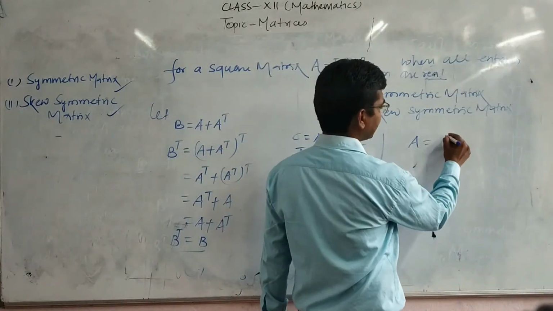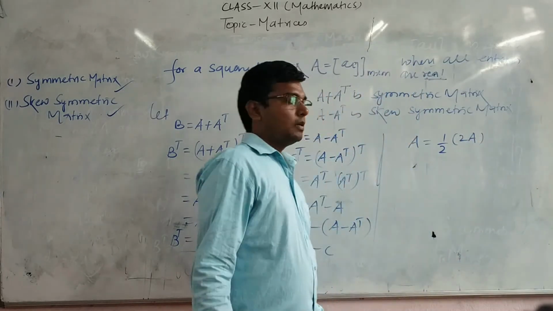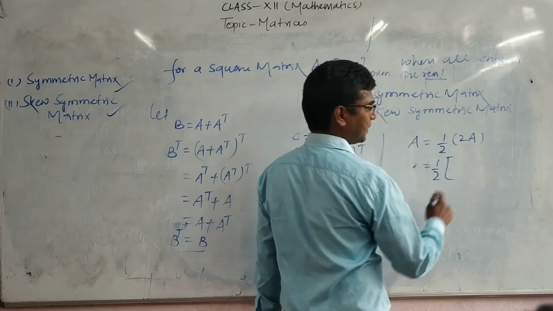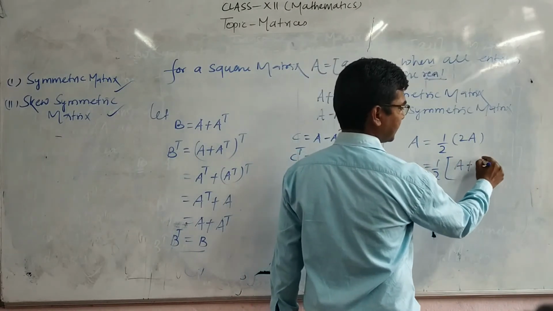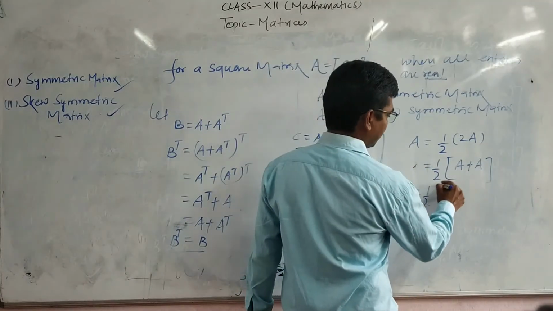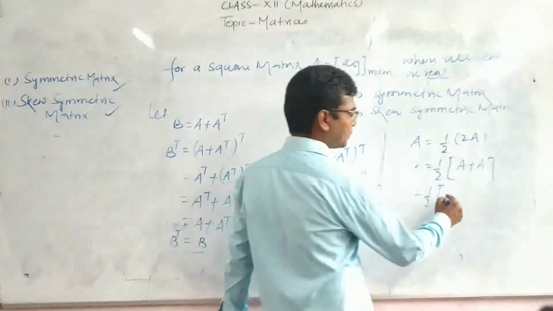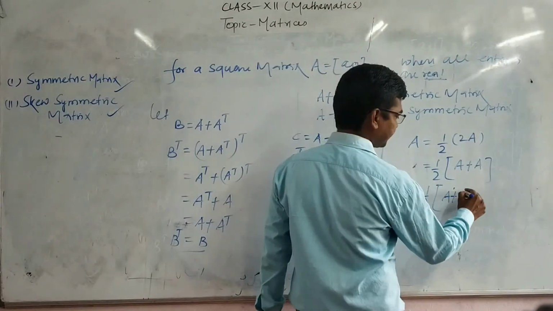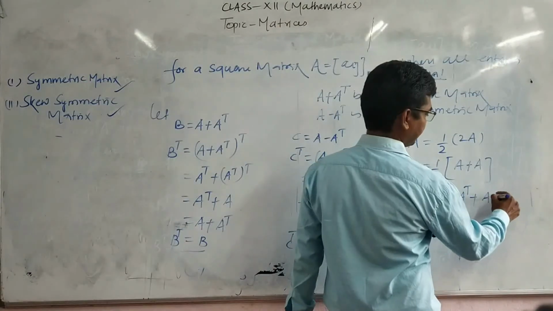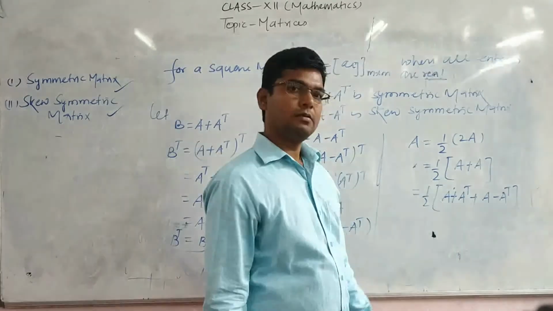So we can express it like this. The equality remains the same, so it can be expressed as A. Now, if we add and subtract the transpose of the matrix in this expression, the expression will remain the same.